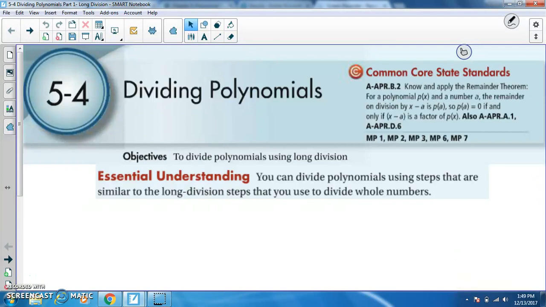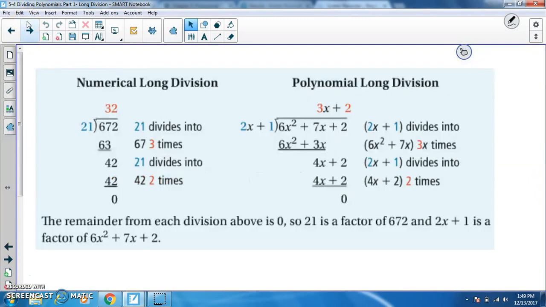to divide whole numbers. So if we are dividing long division with numbers, then we would have 21 as our divisor. And we would see how many times 21, or what times 21 would give us 672.